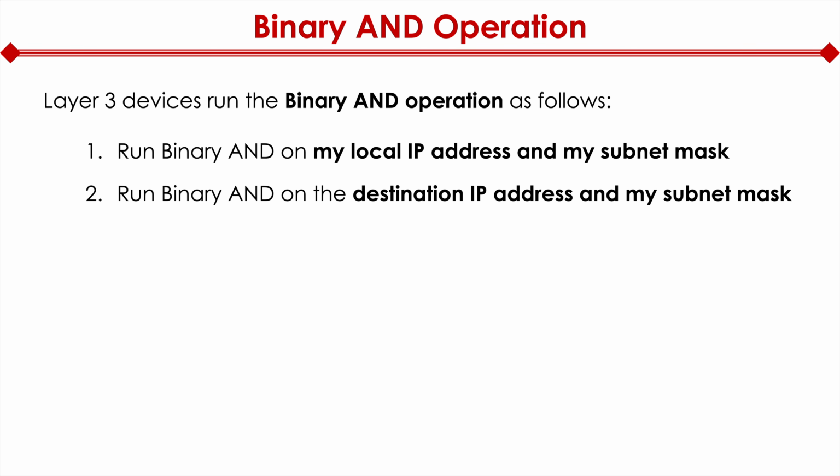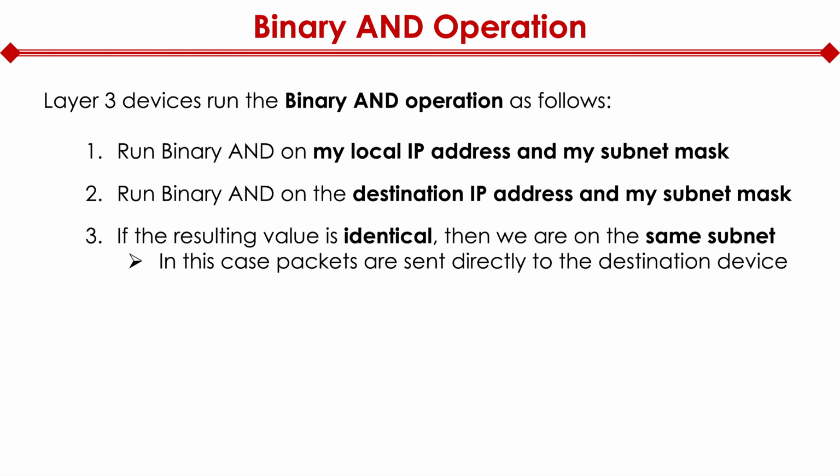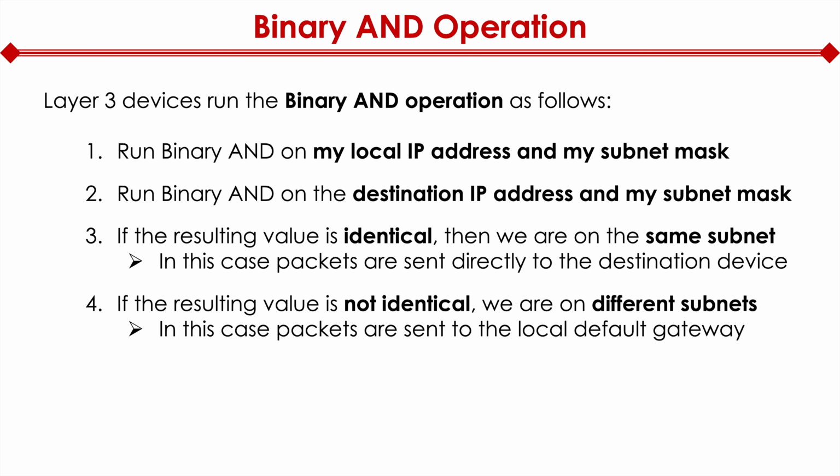Then it takes the destination IP address and its own subnet mask and runs a binary AND against it. If the resulting value is identical, that means we're on the same subnet, and the traffic is sent directly to the destination. If the resulting value is not identical, that means we are on different subnets.